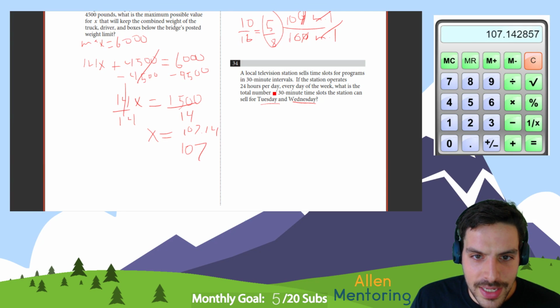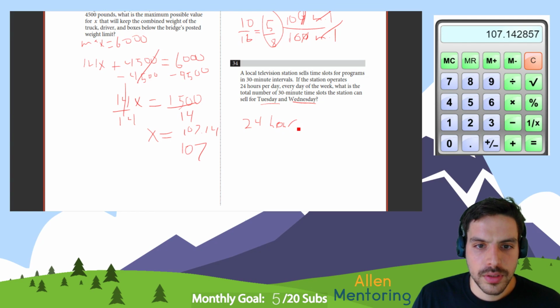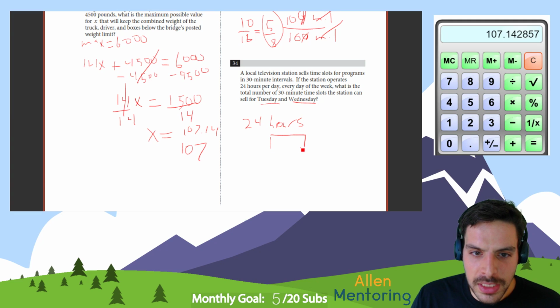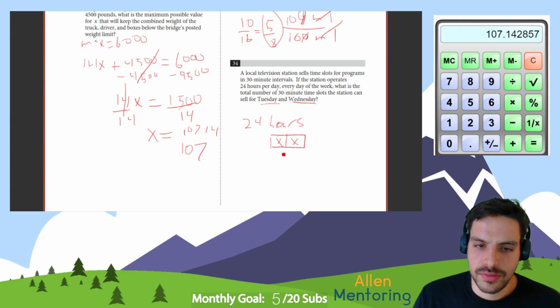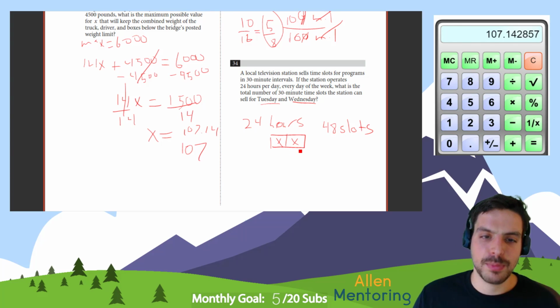All right, so it has time slots of 30 minutes. So if it's 24 hours, and each hour has 2 time slots, two 30-minute time slots, that means total time slots in one day will be 48 slots, because again, it's 2 time slots per hour, and there's 24 hours in total.